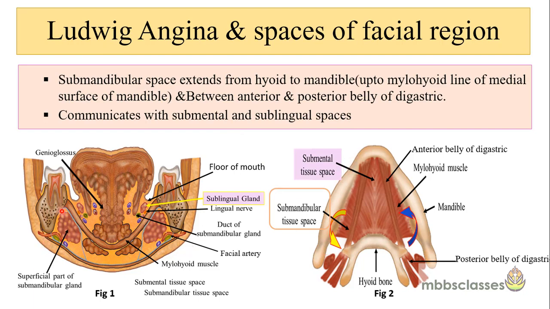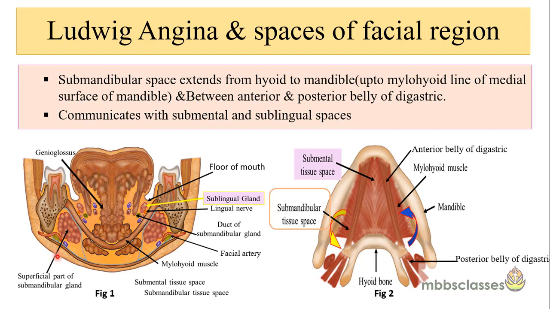Here you can see the mandible, and the upper limit is the mylohyoid line, which is situated on the medial surface of the mandible. So this is the mylohyoid muscle and this is our submandibular space.